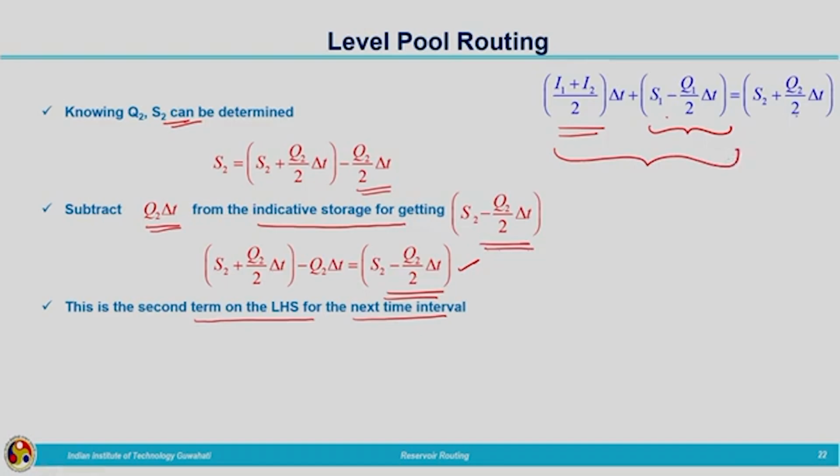Now, the indicative discharge corresponding to the end of the time interval is known to us. So, the procedure which we have followed will be repeated till the end of the inflow hydrograph is reached. This is a semi-graphical technique. We need to make use of the graphs given to us, that is, the relationships S versus H and Q versus H are known to us.